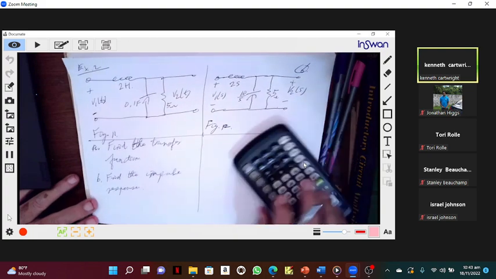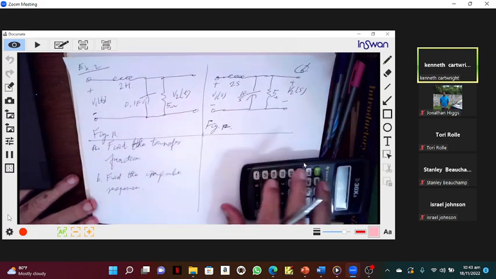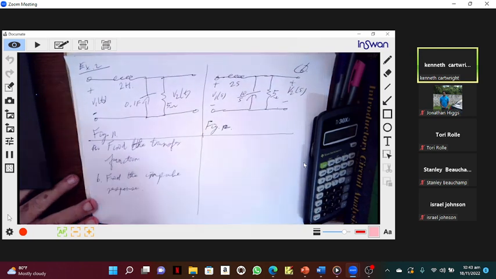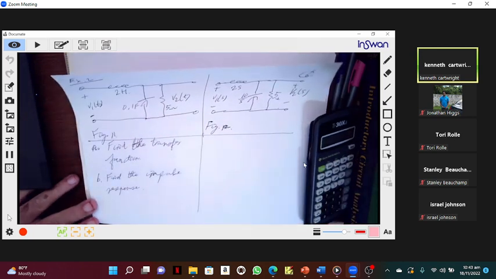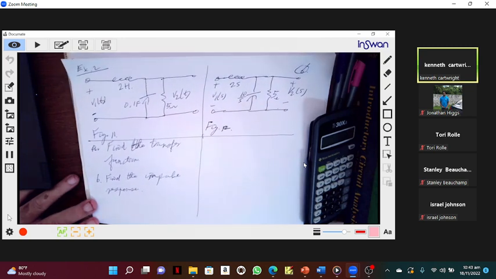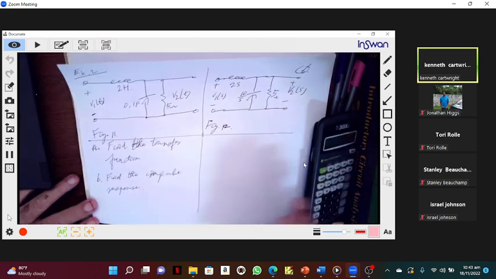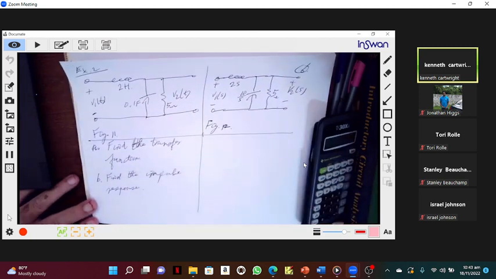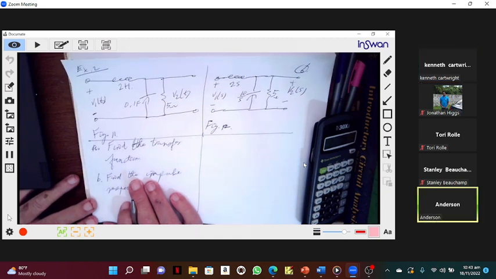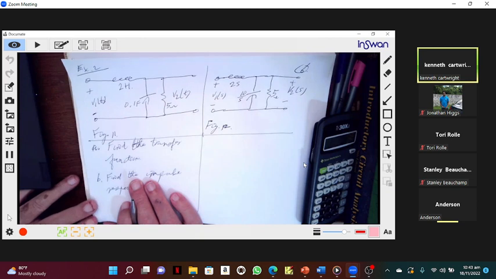Now, how are we going to find V2 of S? Miss Danson, is this a voltage divider? I would believe so. Really? The voltage divider requires two things in series.